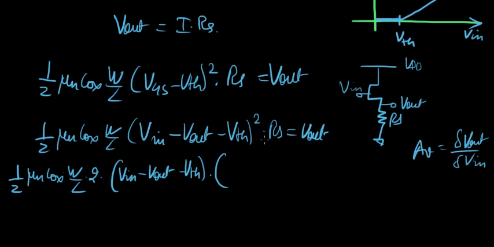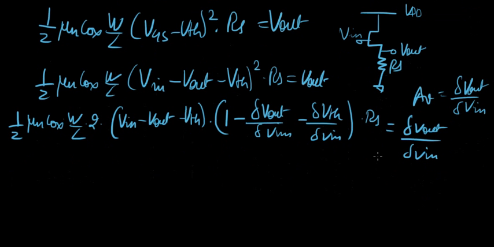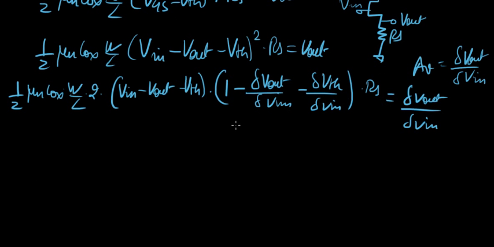So with respect to V in, this will become 1, right? So 1 minus del V out over del V in minus del VTH over del V in, times RS, equals del V out over del V in, right? Perfect. It's so long, but then we'll cut it short, don't worry.